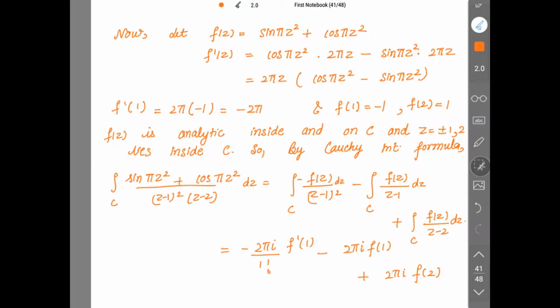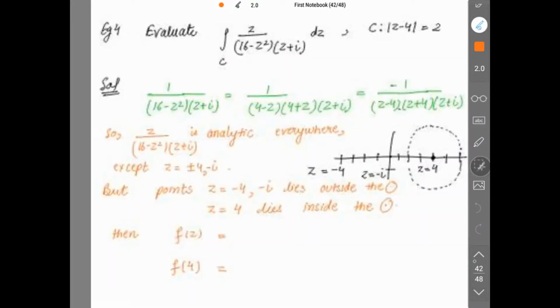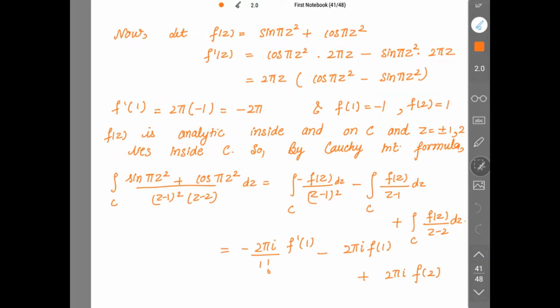Taking 2 pi iota common. Okay, just solve here only. We have taken 2 pi iota common and will be getting minus, what is f dash 1? This is minus 2 pi, so this will be 2 pi, minus f of 1 is minus 1, again this will be plus 1, and f of 2 is plus 1.